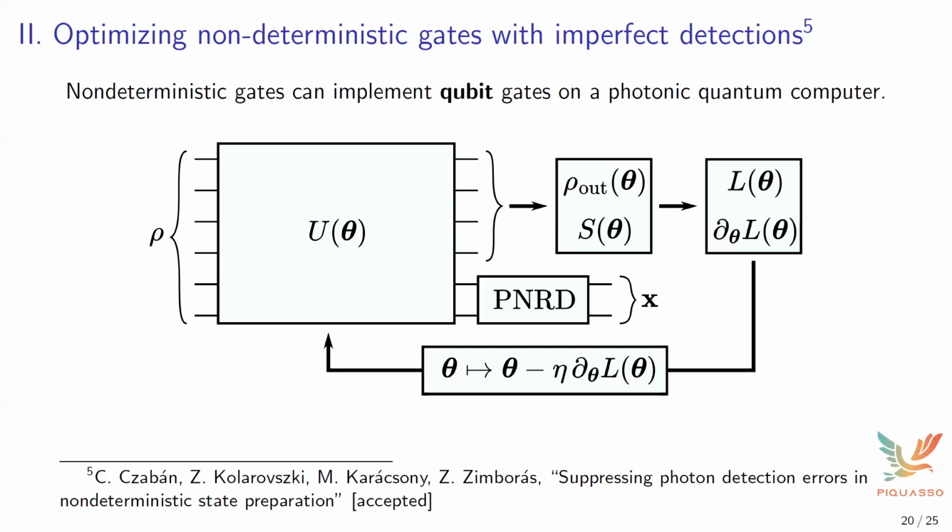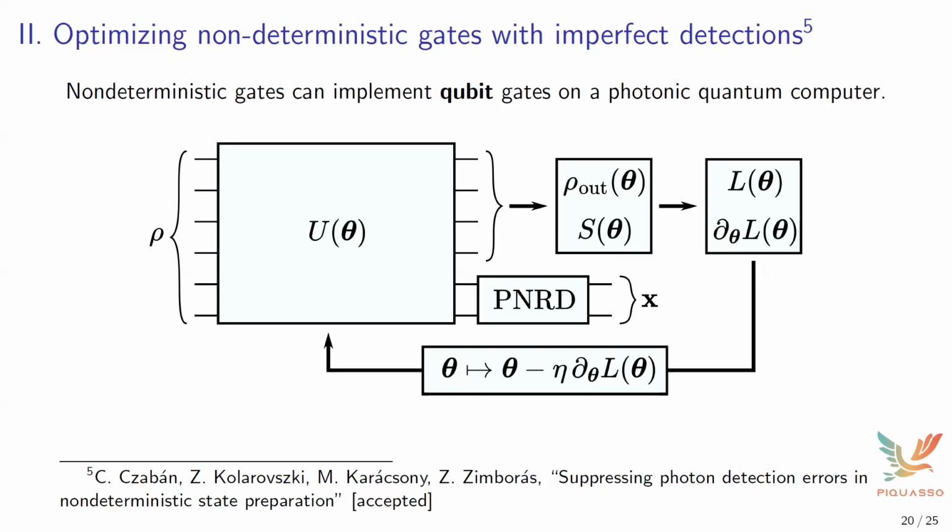If the measurement is good, so if you detected something that you want, then your state is guaranteed to be something that implements something in a qubit-based quantum computer. So the U will not be a photonic quantum gate, but will be a qubit-based quantum gate, essentially.